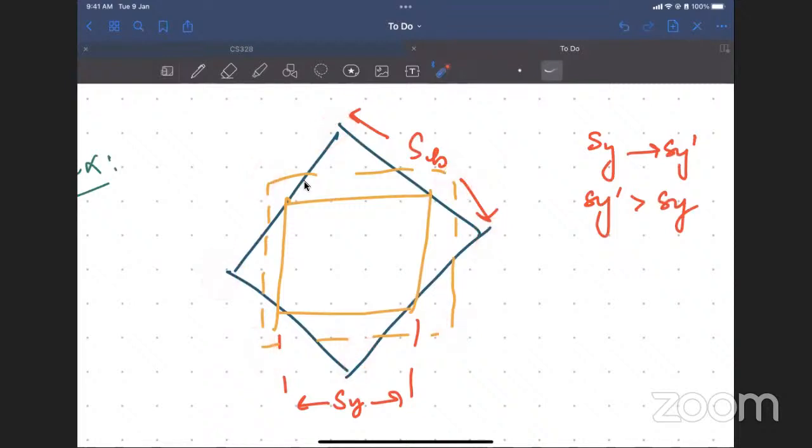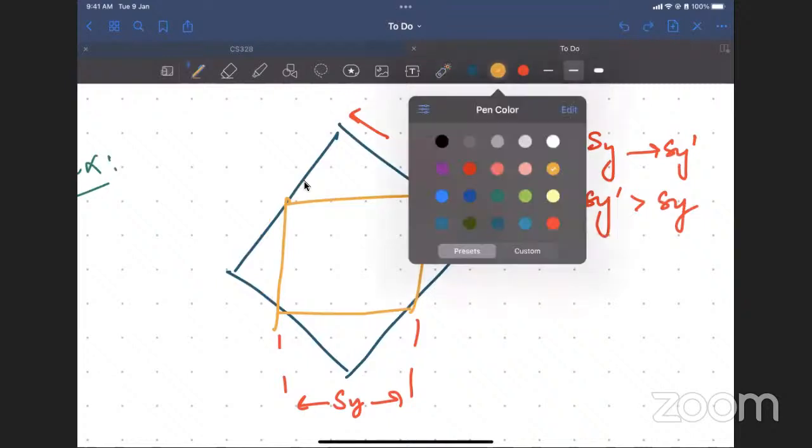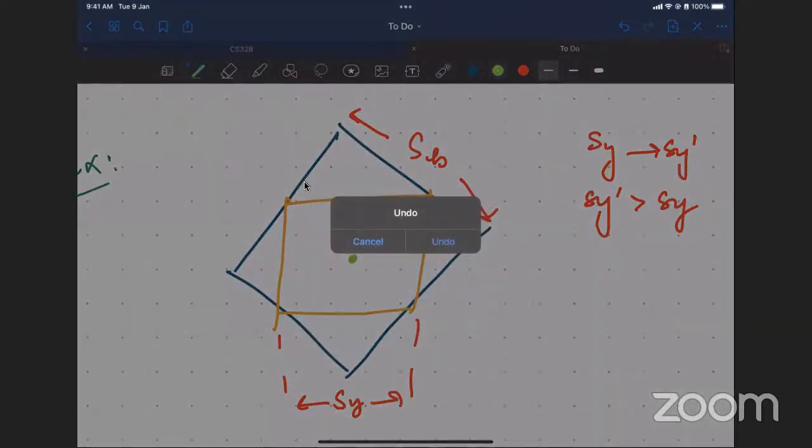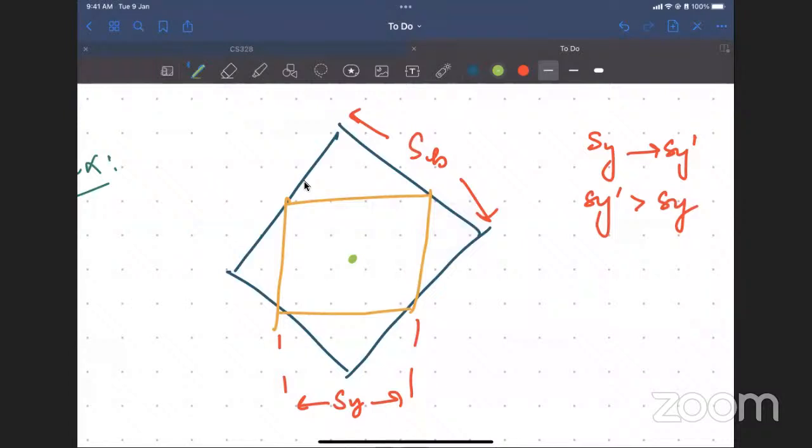Instead of 4, right? So currently what happens is the following. Take the center of both the squares, and suppose the center of one square is over the center of the other square. It is overlapping, and this is SB by 2, and then you have this length, and this is 90 degrees.